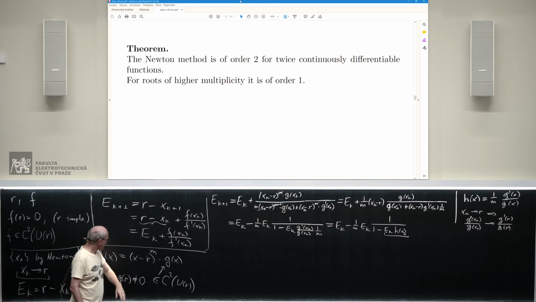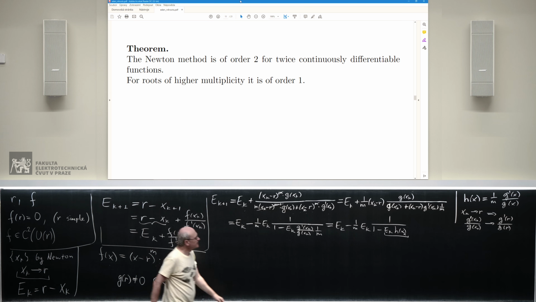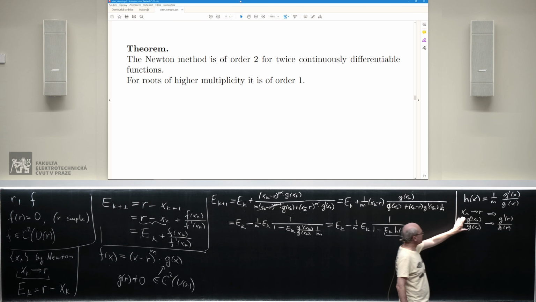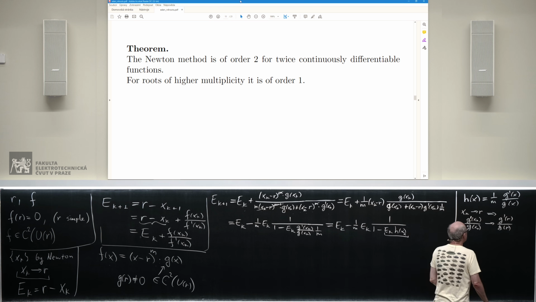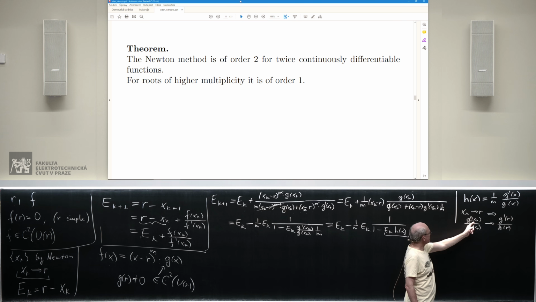It's a real number. And function g is continuous, and also its derivative is continuous, and therefore, due to this continuity, we have this. So the sequence g prime (x_k) over g(x_k) is convergent, and as a convergent sequence, it must be bounded.